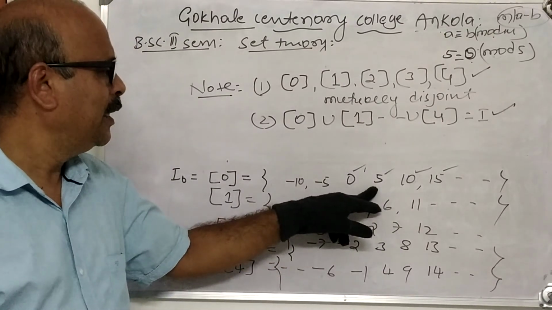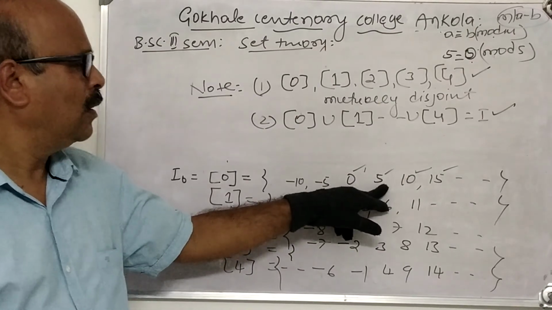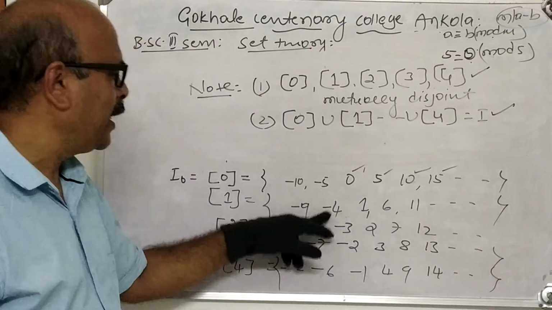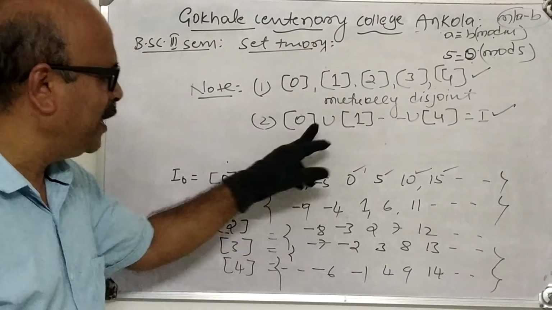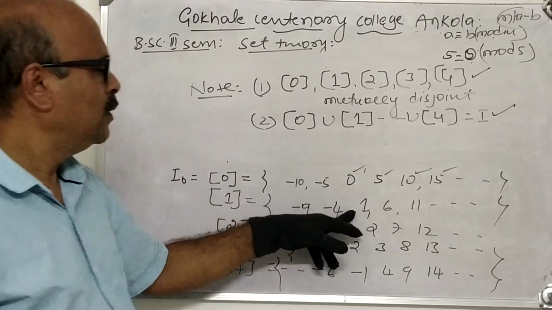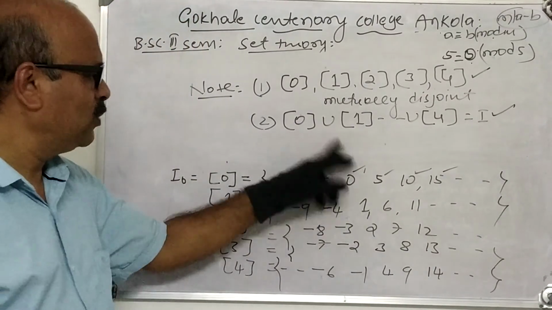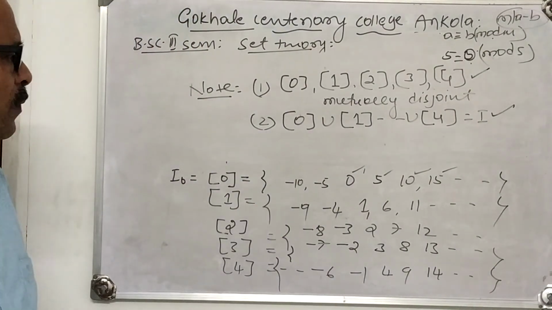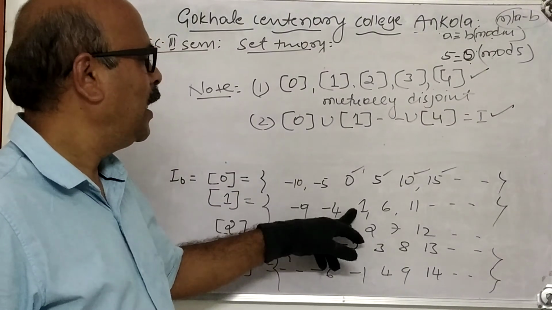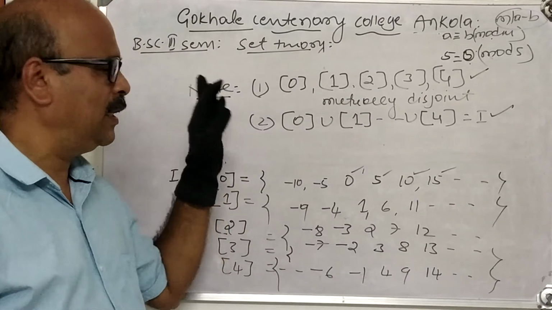But elements in different sets do not have this relation. Elements in different sets do not have the congruent modulo 5 relation.